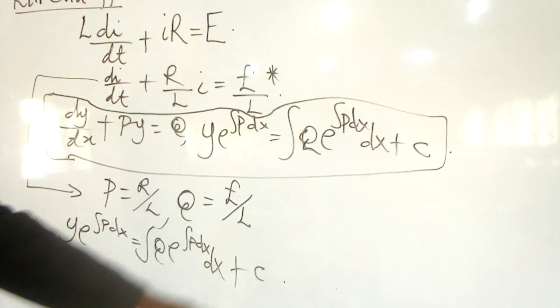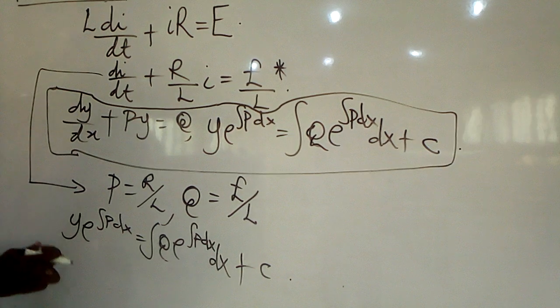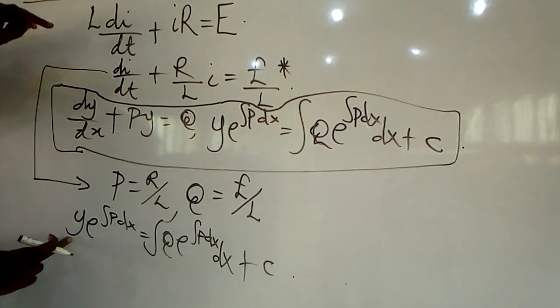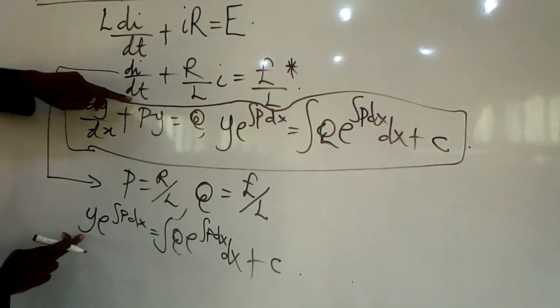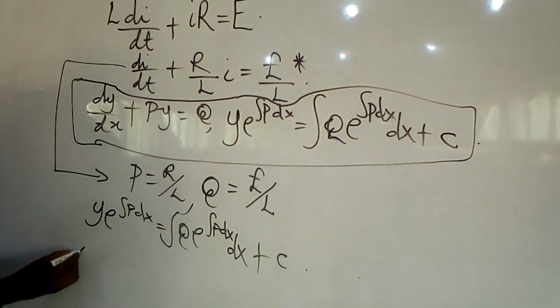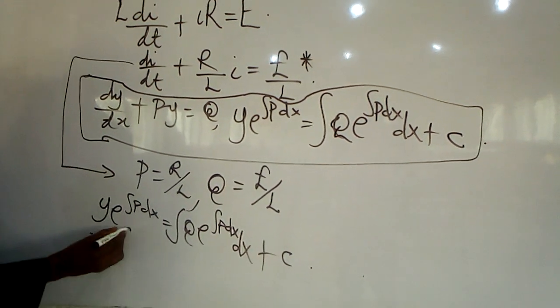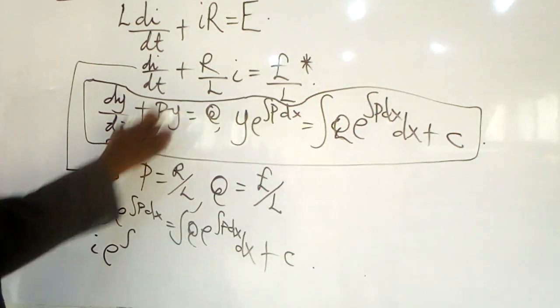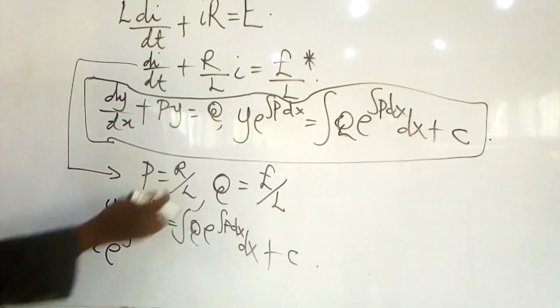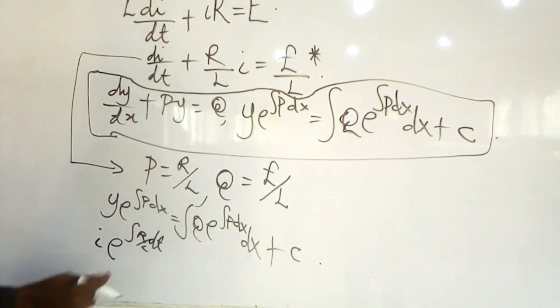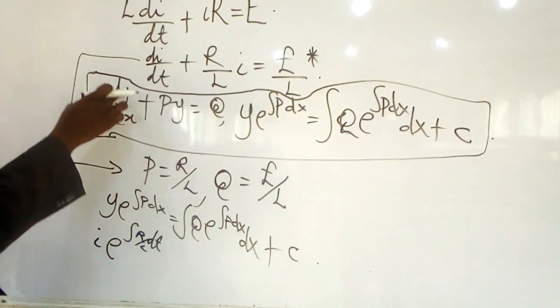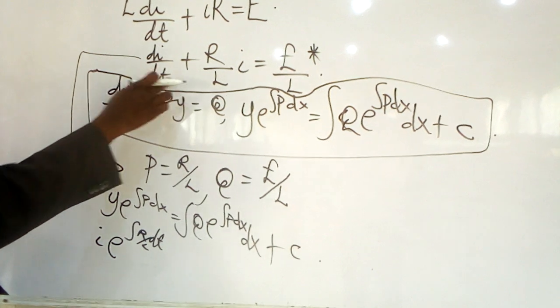To further this relationship, y here is going to be current because this is dy/dx, this is di/dt. So y is going to be current exponential integral p. p is r over l multiplied by differential t, because di/dt is dy/dx, so dx is dt.